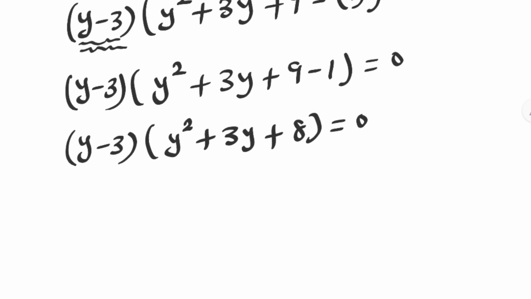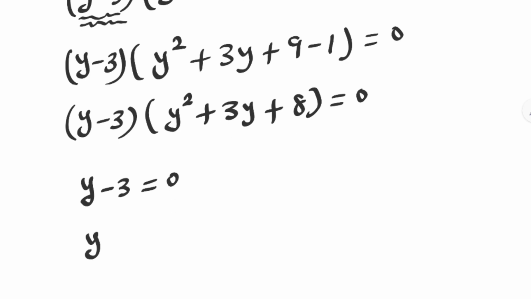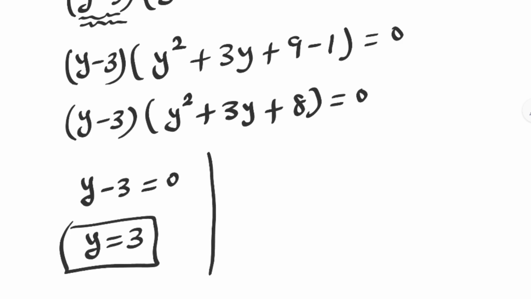There are two cases here. The first case is y minus 3 is equal to 0, y is equal to 3. And the second case is y square plus 3y plus 8 is equal to 0.